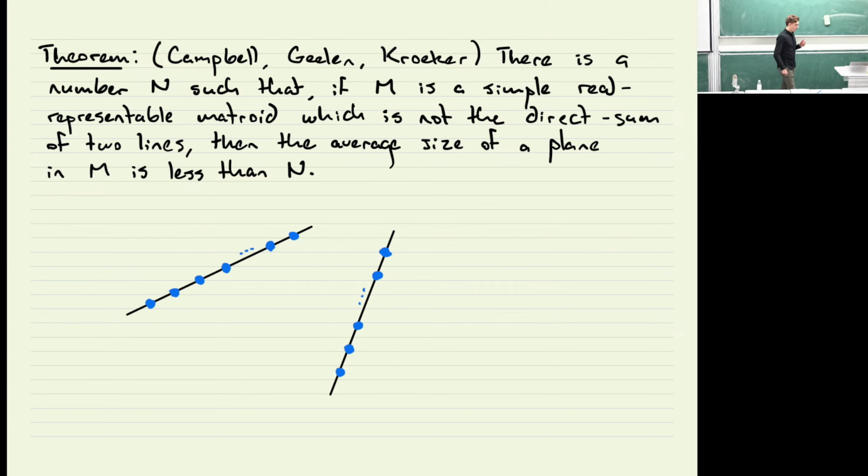This is what allows me to talk about the size of a plane in a matroid. It's just the number of points from that finite point set sitting in the plane. What I've just described is a real representable matroid, because you can embed the matroid, if you will, in real space.